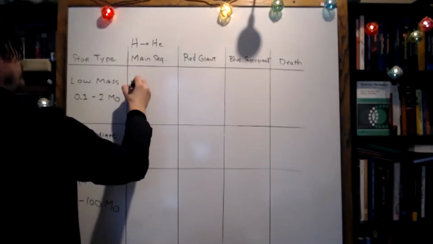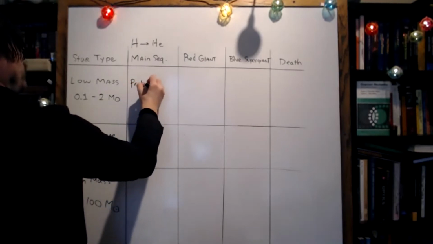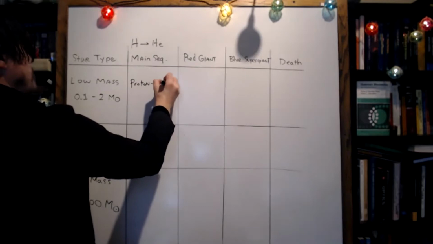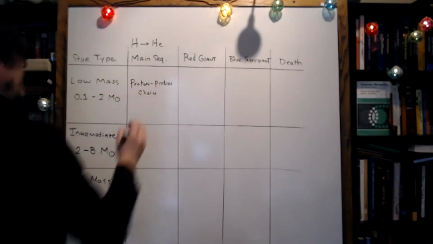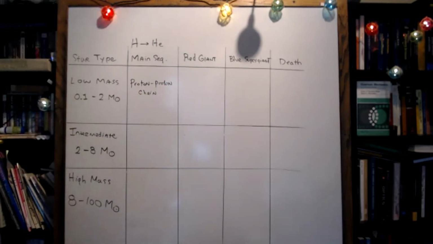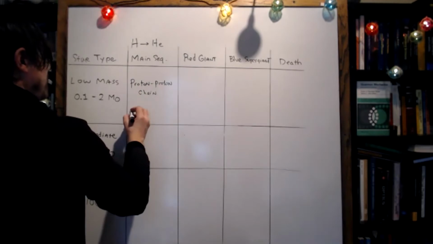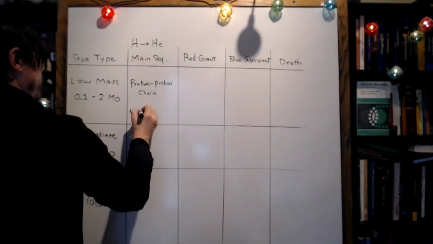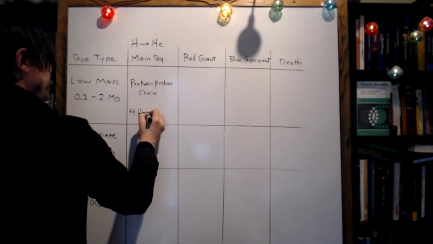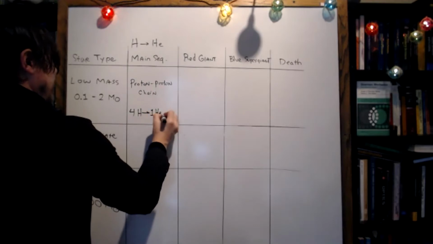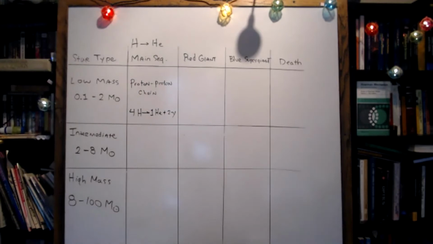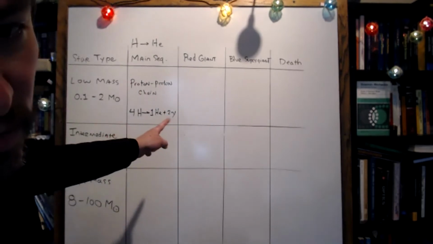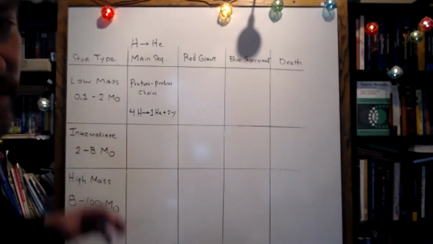The proton-proton chain, which we just reviewed, is the nuclear reaction cycle that low mass stars, including our sun, use. And remember that the net reaction is that 4 hydrogens fuse to make 1 helium and 2 gamma rays. That's the net reaction.